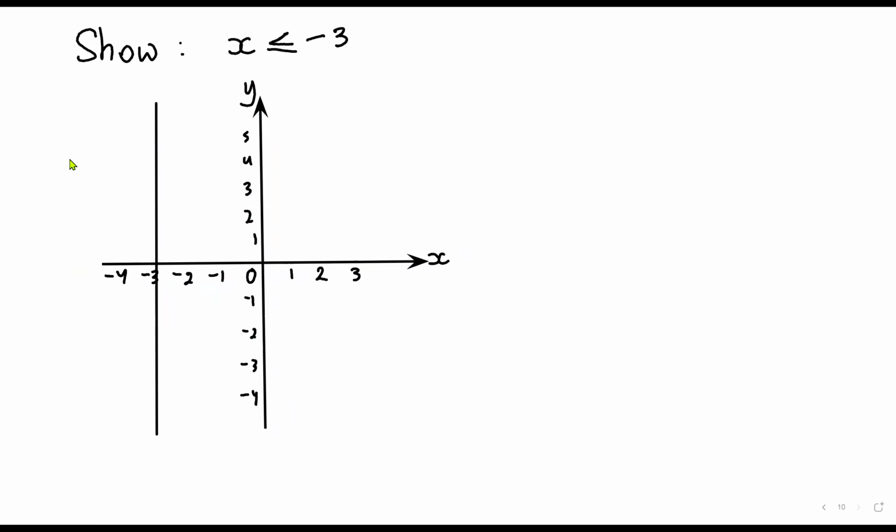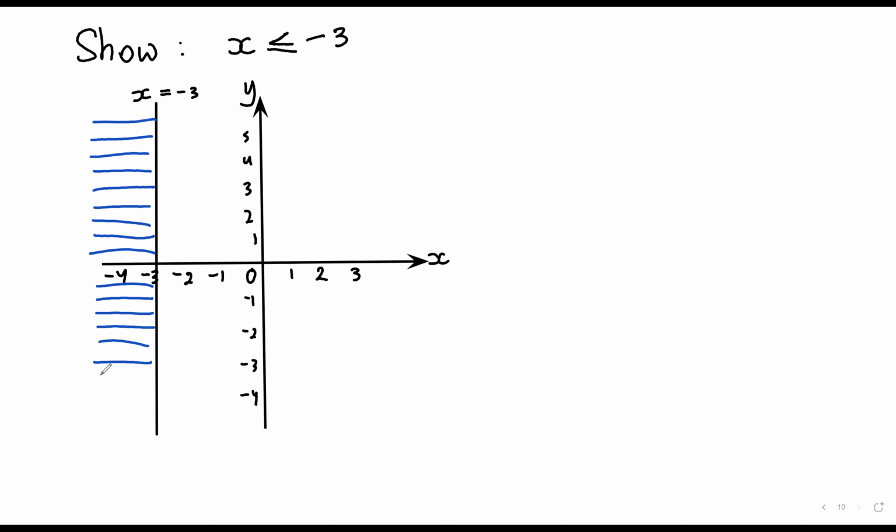This is my line, x is equal to -3. The region where x is less than or equal to -3 is to the left of -3. So this is the region that I'm shading.